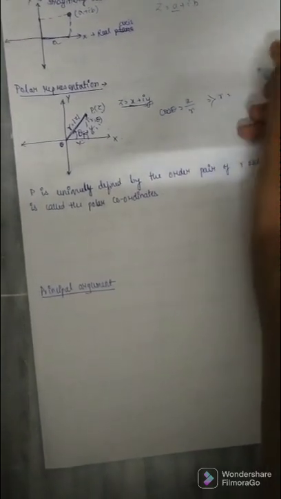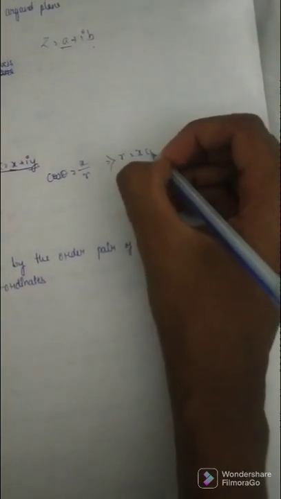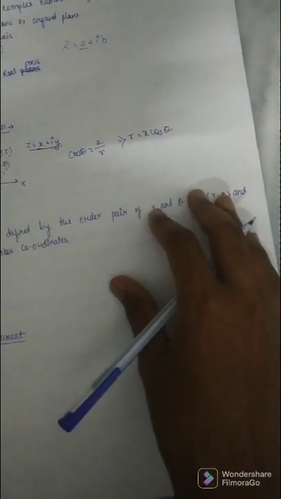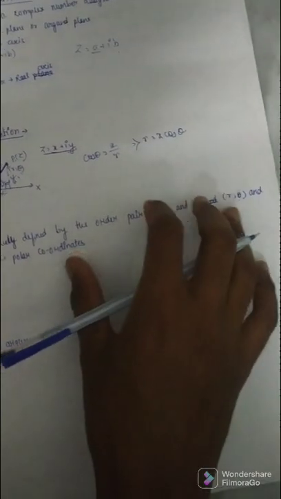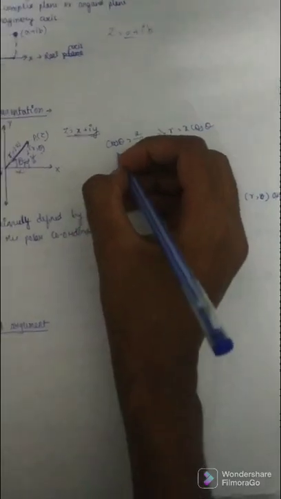That implies that x is equal to r cos theta. Also, sin theta is equal to y by r. That implies that y is equal to r sin theta.